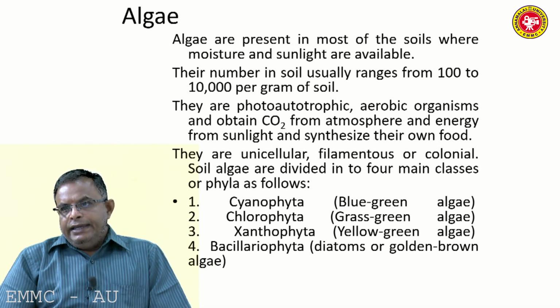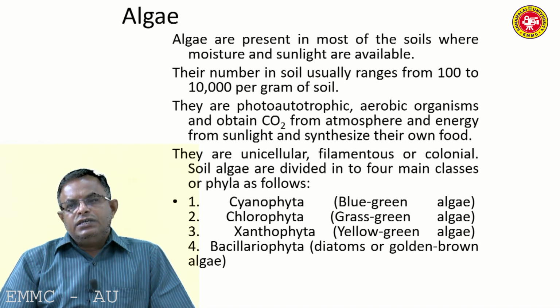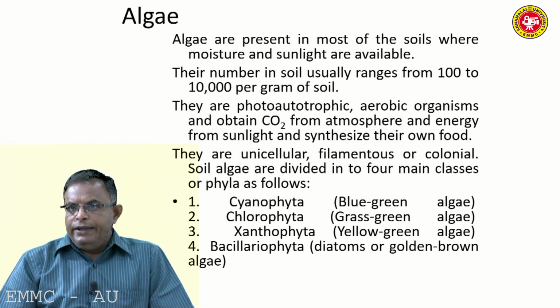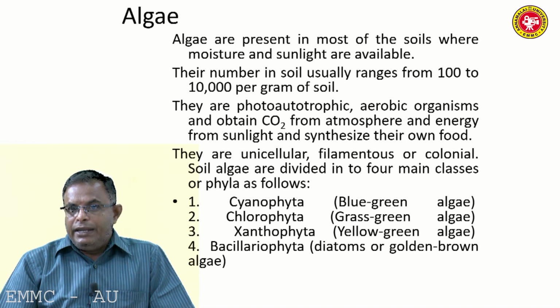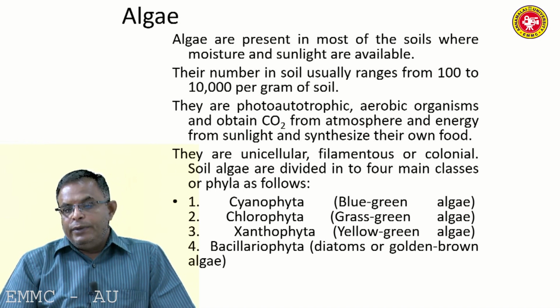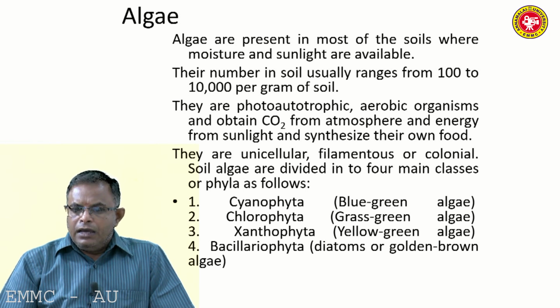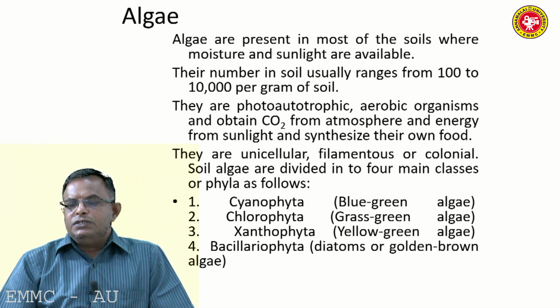The next organism is algae, which are present in waterlogged conditions. Algae are present in most soils where moisture and sunlight are available. Their number in soil usually ranges from 100 to 10,000 per gram of soil. They are photoautotrophic aerobic organisms and obtain carbon dioxide from the atmosphere and energy from sunlight and synthesize their food.